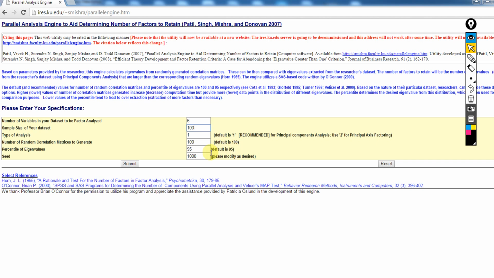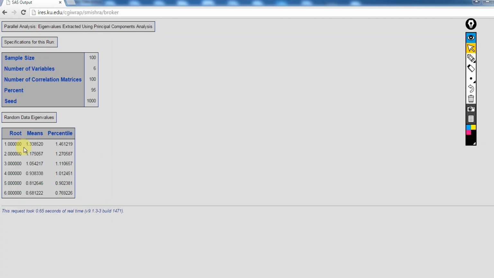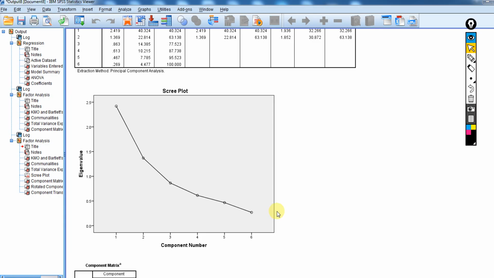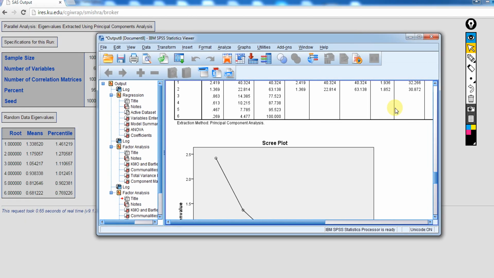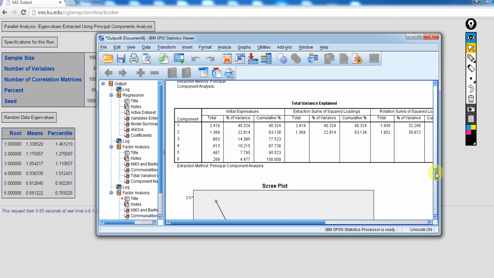So when I click on submit, you can see that these are the 95th percentiles for the randomly generated eigenvalues. These are the means for the eigenvalues. Essentially, first we'll just look at the actual eigenvalues. The eigenvalue for the first component is 2.419, which is larger than the randomly generated eigenvalue.